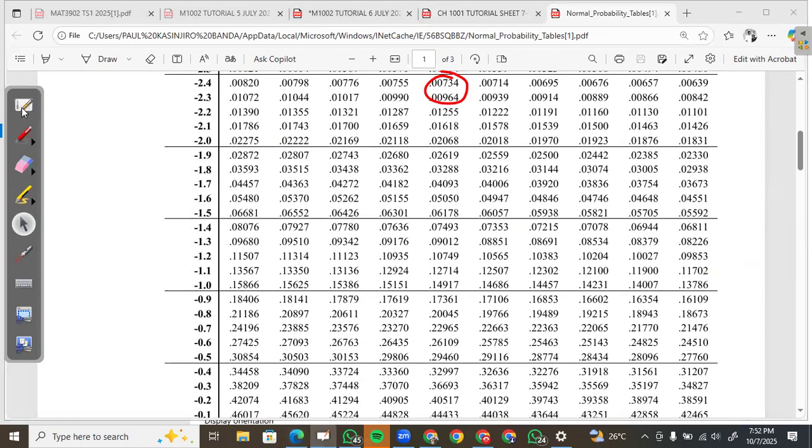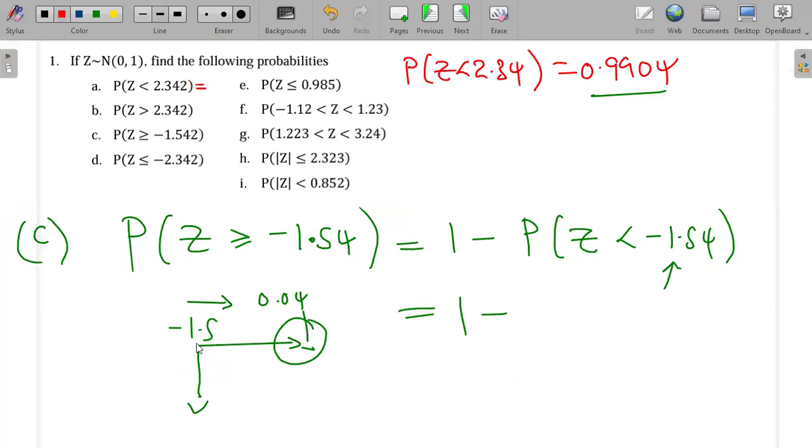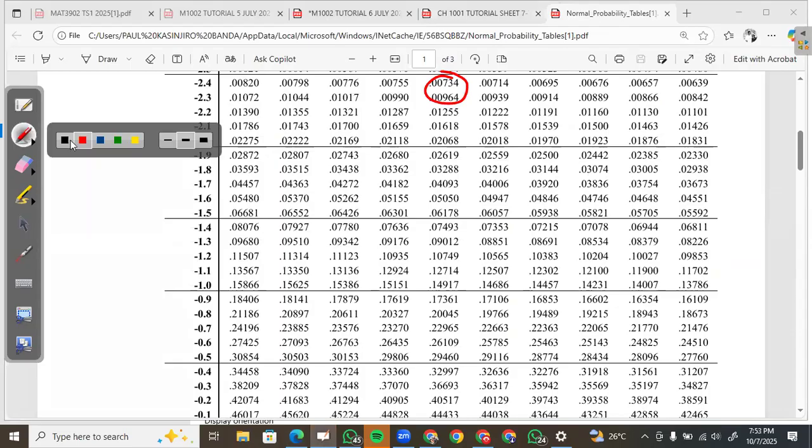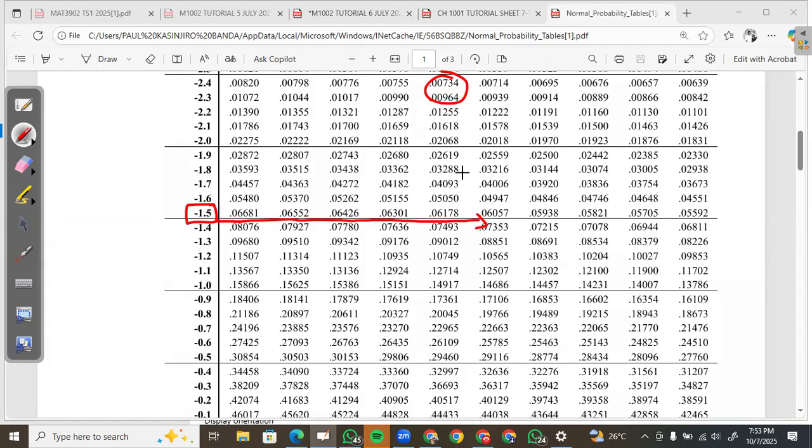There we are at minus 1.5. On this line I'm looking for minus 1.5. I go to the right like this, and here is my 0.04, I'm coming down. So the answer is this one. We get it, and then we subtract from 1.